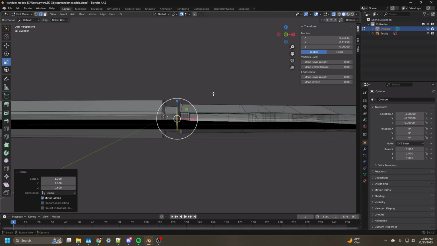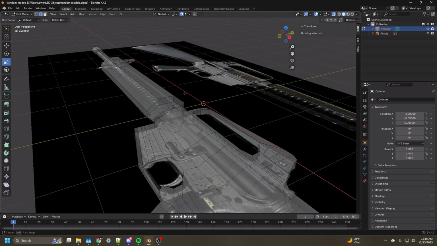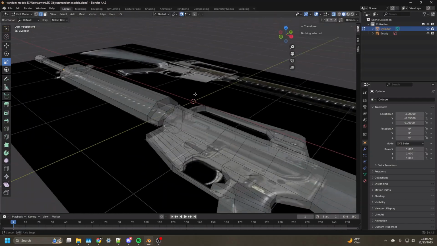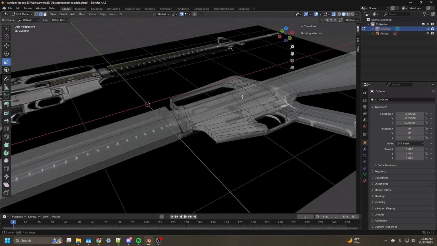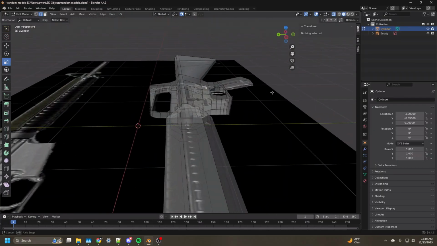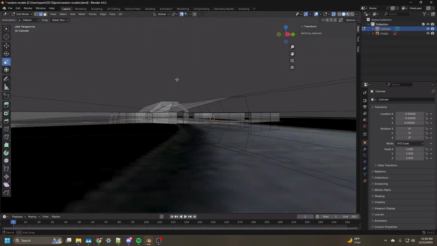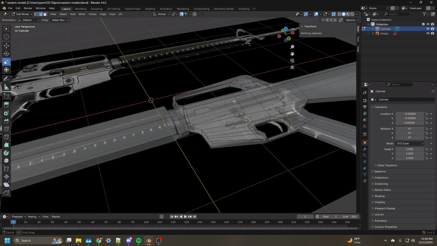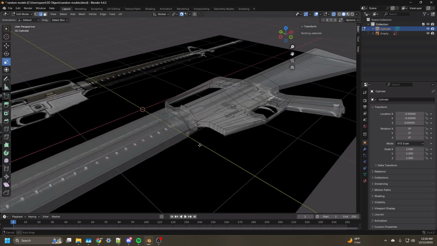Zero point five, yeah, that's a good number. And it flexes to become huge. What's the deal? Its handguards are not round. Their handguards are weird is what it is. Although I think that the ring itself is round.